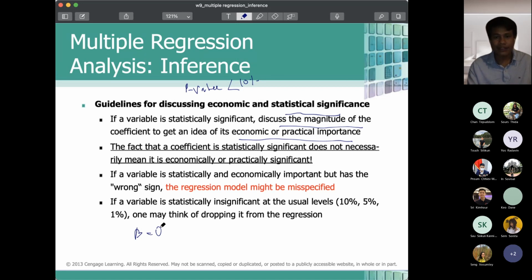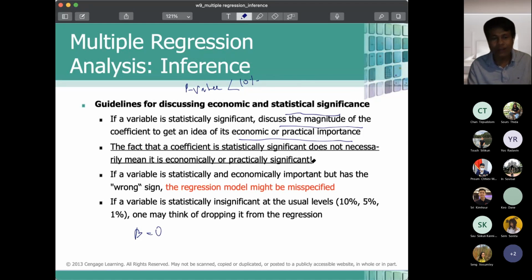All right. So the fact that coefficient is statistically significant does not necessarily mean it economically or practically significant. So what it says is that when you reject null hypothesis, you accept alternative, then you have to interpret coefficient. Why? Because it may be statistically significant, but coefficient might be very, very small or close to 0.